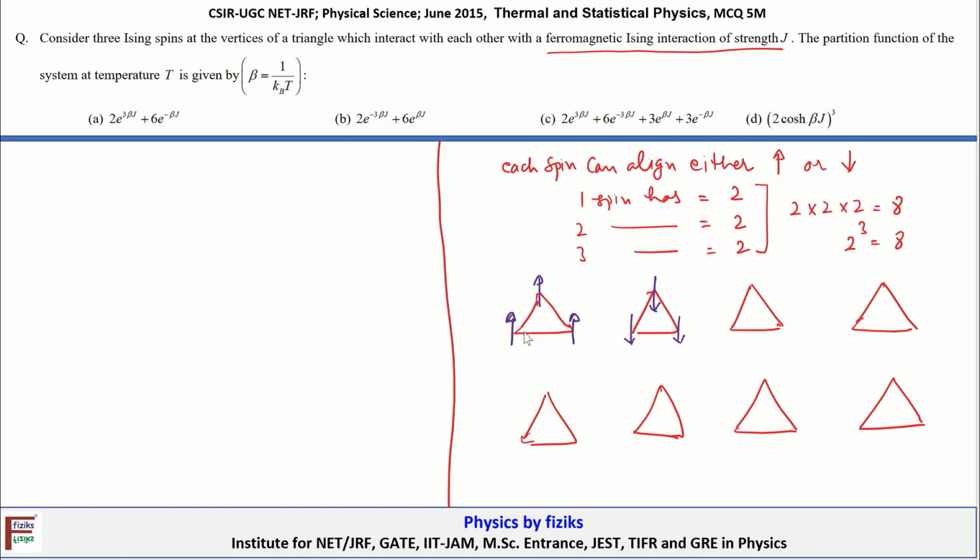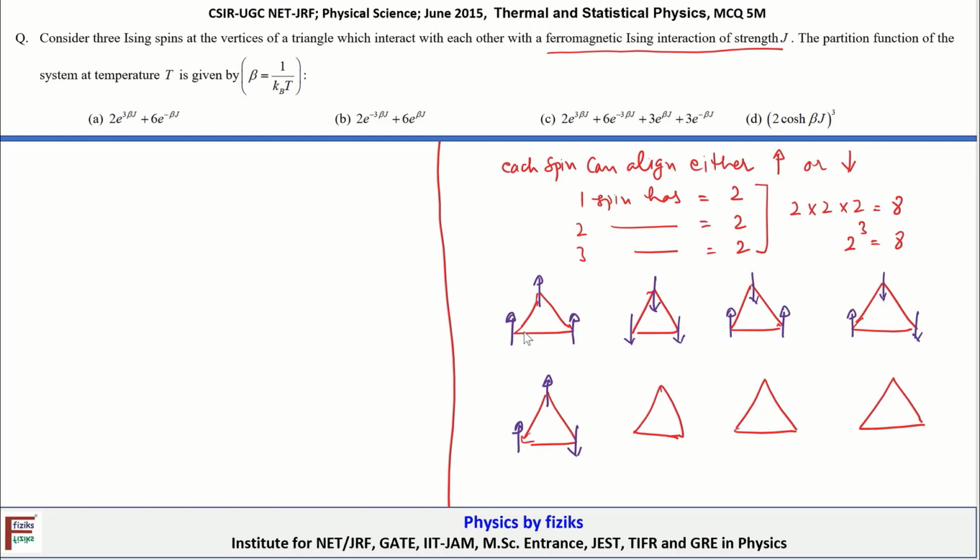In the third case, the possibilities are that 2 spins are pointing in the upward direction and one of them is pointing in the downward direction. In the next case, one is pointing in the upward direction and 2 spins are pointing in the downward direction. This way we can generate all 8 microstates. Let me draw them. And then in the downward direction, we are having 5.